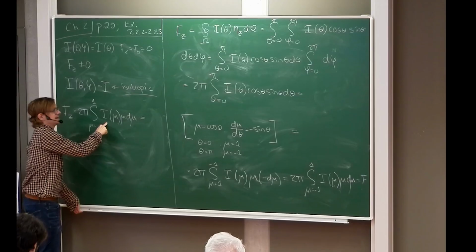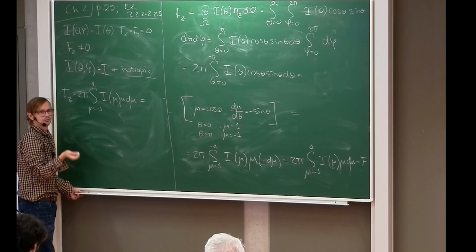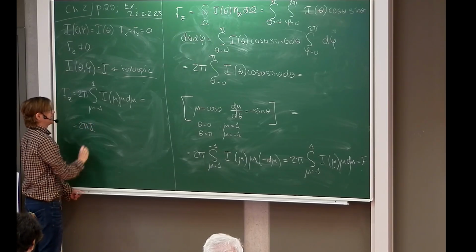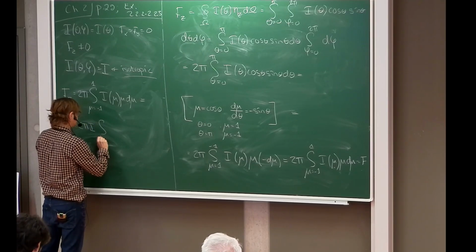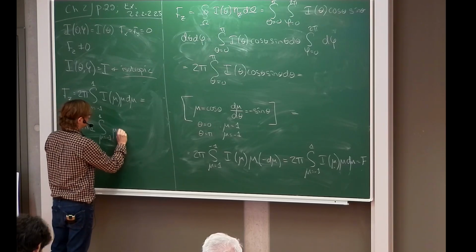But if this is now not a function of mu, we can take it outside the integral. I hope we can agree on that. 2 pi I. Then we have mu from -1 to 1, mu d mu.